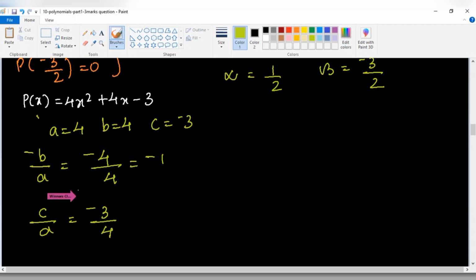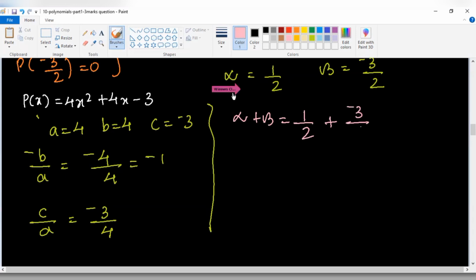Now let us check what happens when we add the zeros, alpha plus beta. Alpha plus beta is 1 by 2 plus minus 3 by 2. When we add two fractions with the same denominator, we can just add the numerators: 1 plus minus 3, all divided by 2.